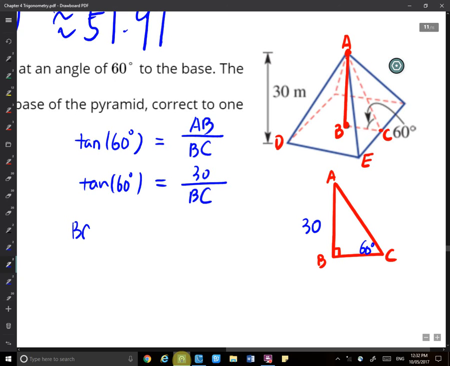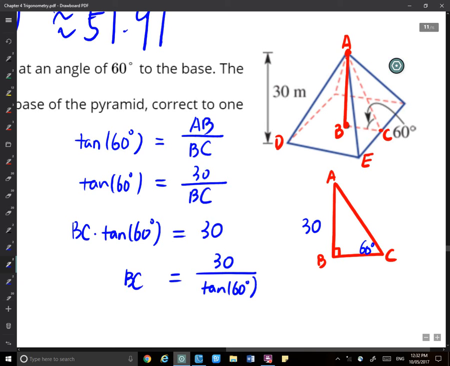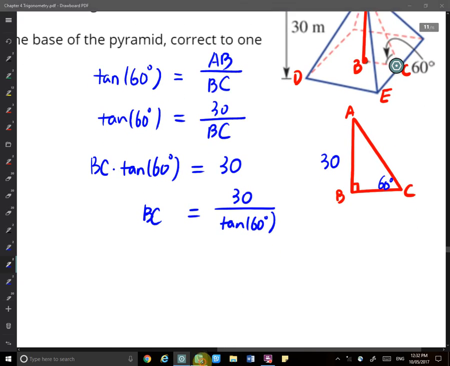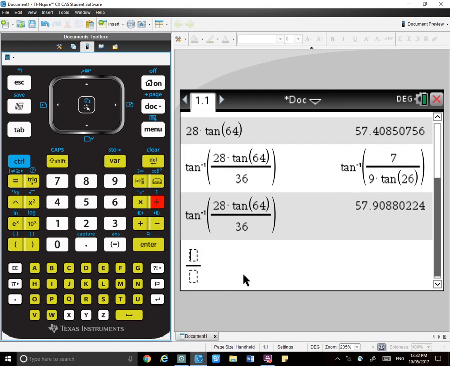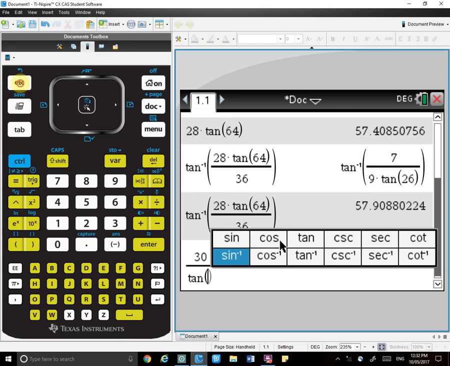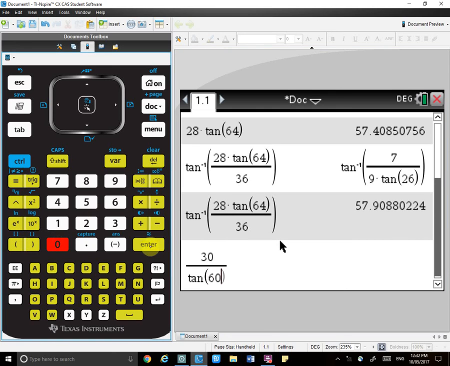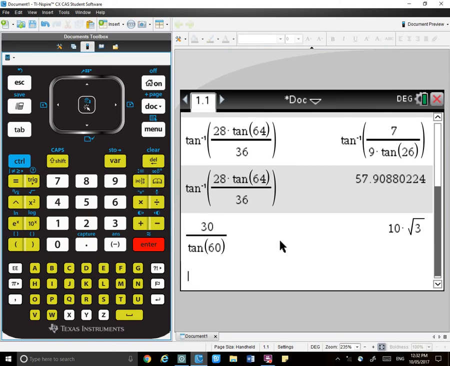So BC times tangent 60 degrees equals 30, and BC equals 30 over tangent 60 degrees, that equals 10 root 3.